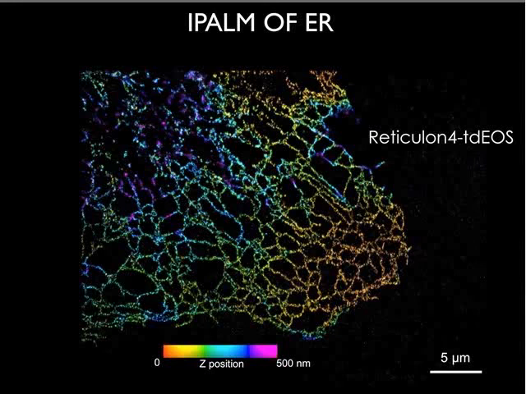So here is an example of a reticulon protein, reticulon 4, tagged with the photoswitchable protein tandem dimer EOS, and we're looking three-dimensionally at the endoplasmic reticulum with very high resolution. Very beautiful capability of this strategy.